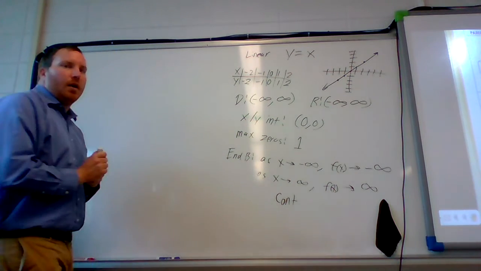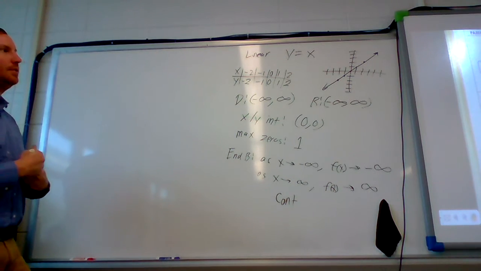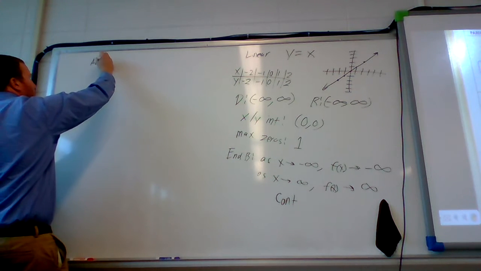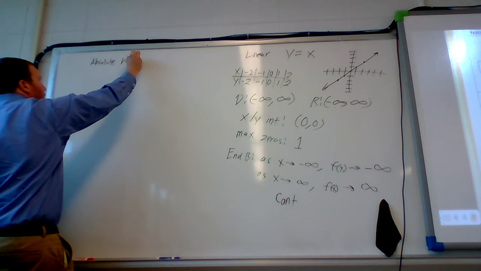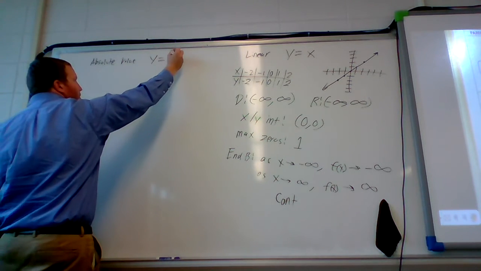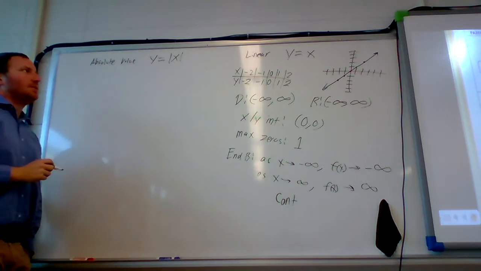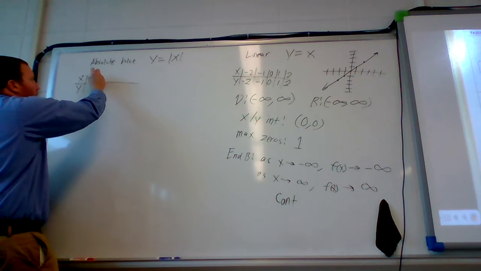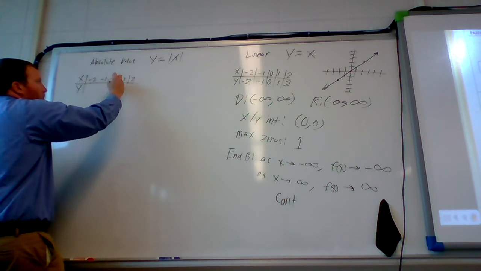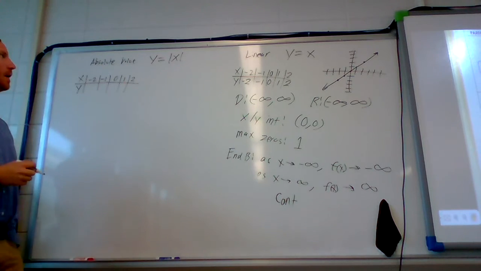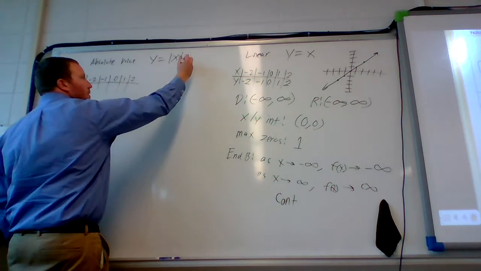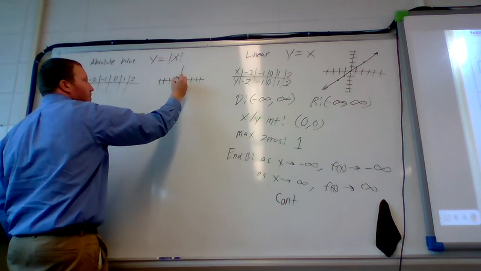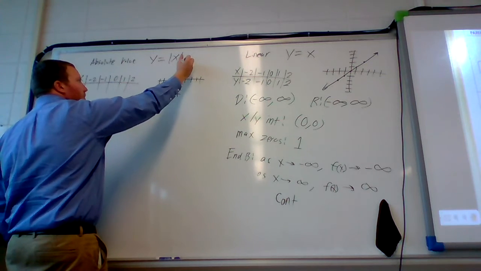Okay. Our second function we're going to look at, or our second parent function, is absolute value. And that is just y equals absolute value of x. So again, put it in our xy table. If I plug in -2 for my x value, what do I get? 2.